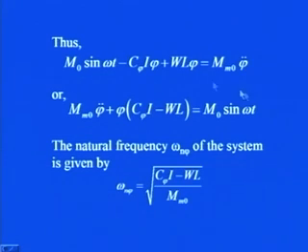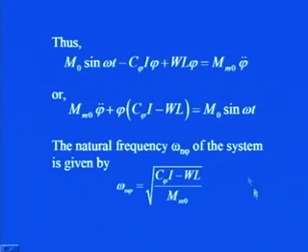This equation can be rewritten in this particular form, and if you solve it in the usual manner, as you have already done in the case of vertical vibration of the block foundation, you will be able to obtain the natural frequency of the system, represented by omega n phi equal to square root of C phi I minus W L divided by M_mo.